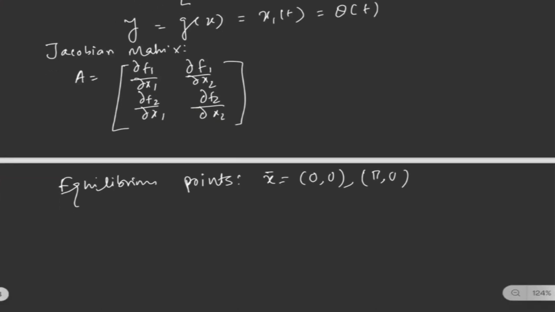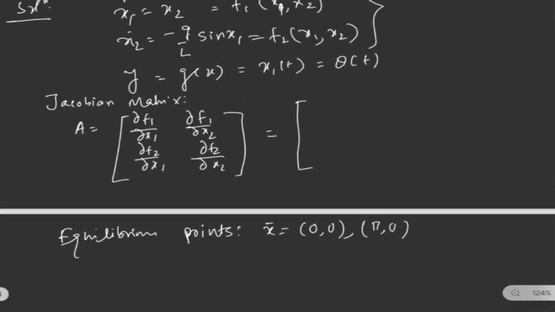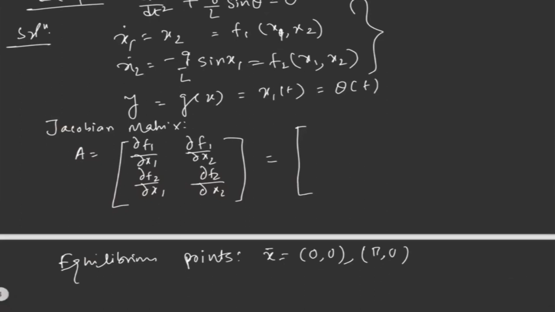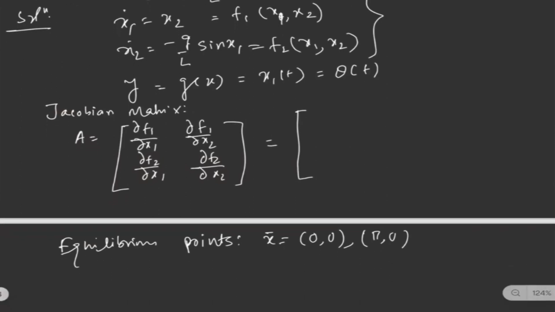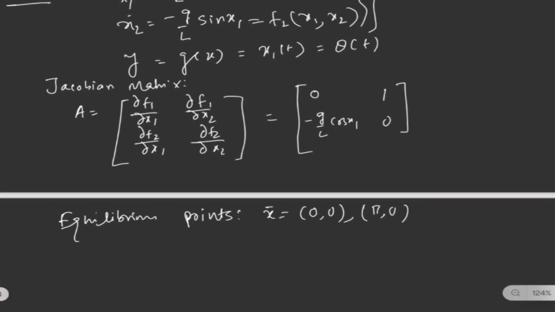Let me write the expression for this matrix. If you take the partial derivatives of f1 and f2 with respect to x1 and x2, we get the matrix 0, 1, minus g by L cos x1, and 0. You can easily find these terms from the f1, f2 functions.